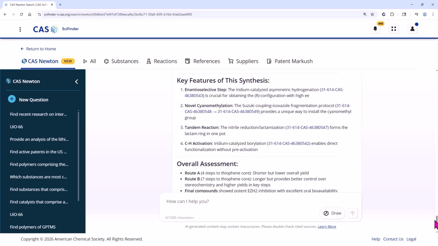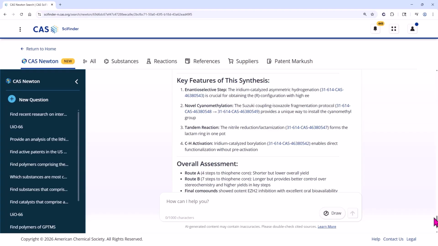Finally, Newton is guided by detailed instructions written by CAS scientists. These instructions dictate how Newton should behave, ensuring that it performs quality searches and provides scientifically meaningful responses to you.